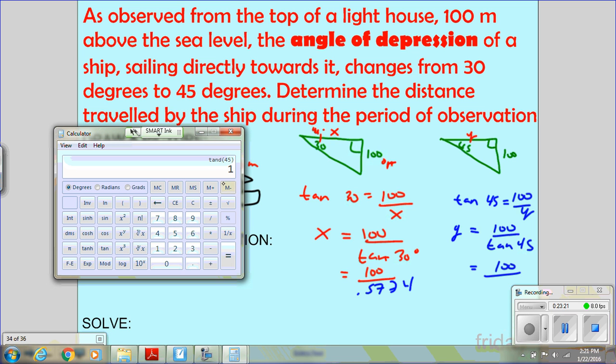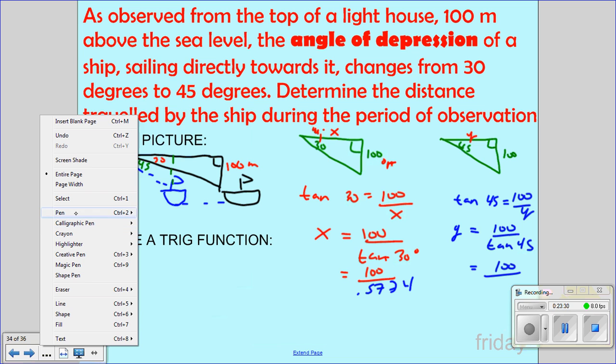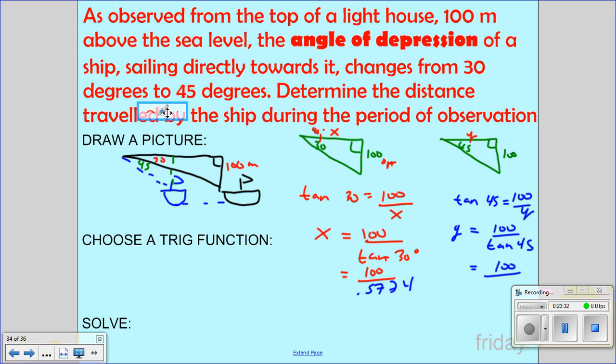Which is 1. Well, that's nice. That makes the second one a whole lot nicer. So that means y is 100. We still have to find x.